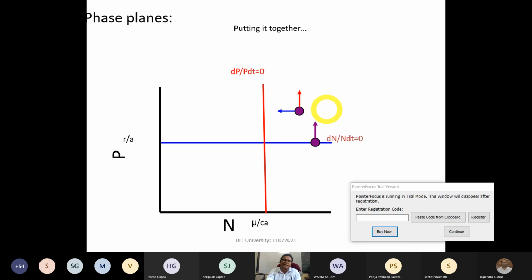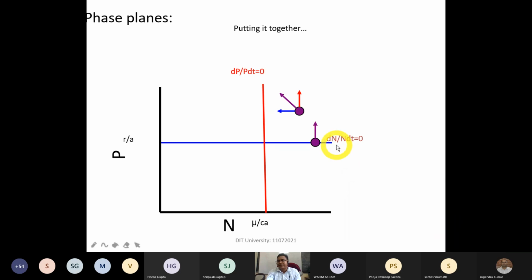If you know vector analysis, the resultant will be in this direction. So you have the next point of the solution here, and at that point dP by dt equals 0. That means the predator does not grow or decay, and only prey will decay. The prey is still decaying because of the higher number of predators.